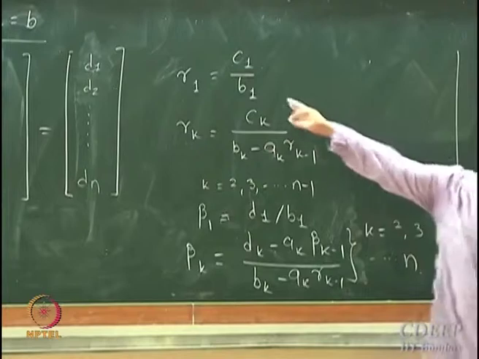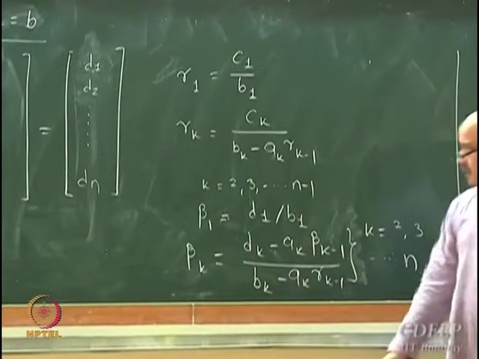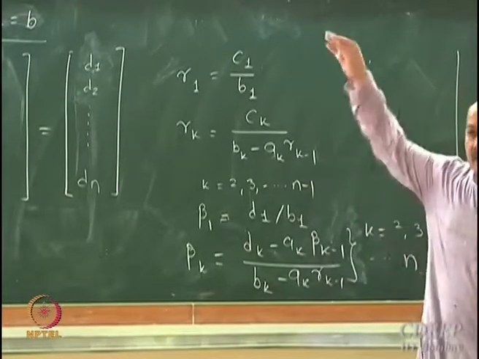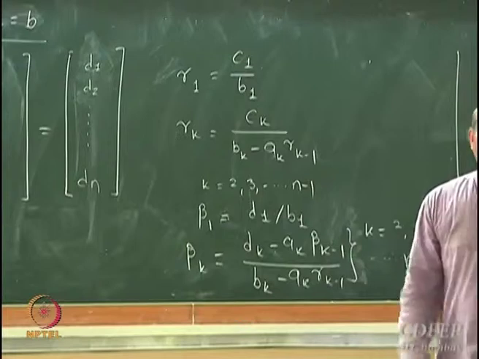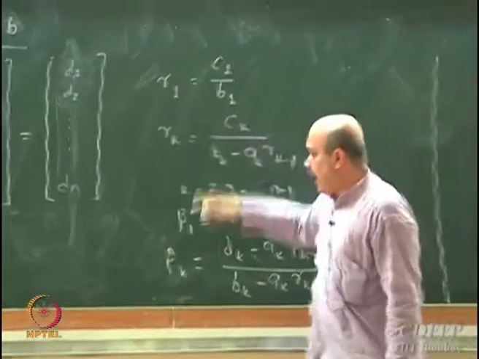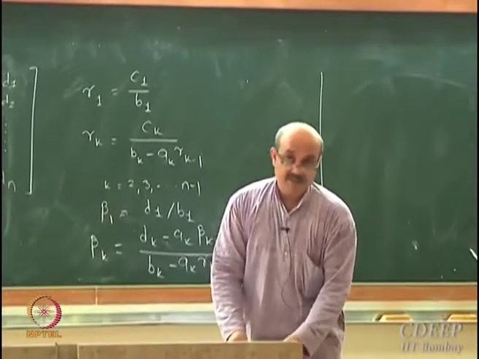What I have written here looks, at first sight, a little complex, but all that I am doing is eliminating one element below the diagonal. And these gamma and beta are the elements which appear in the new matrix.